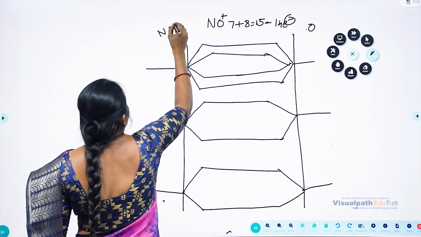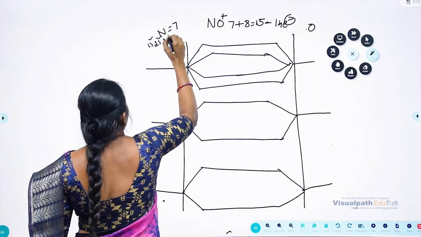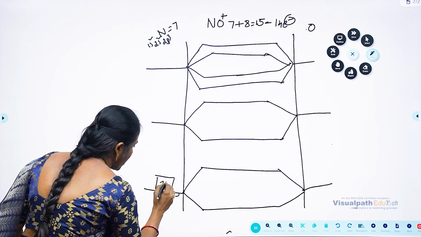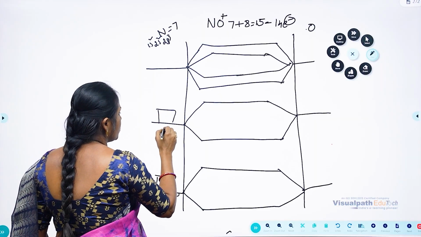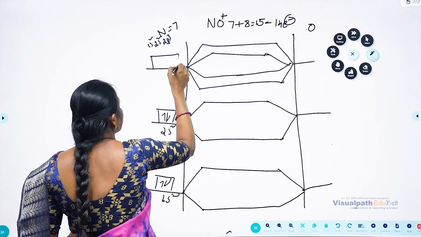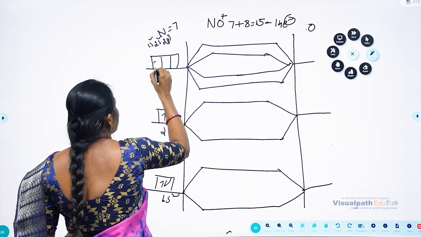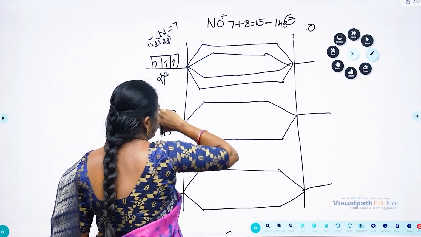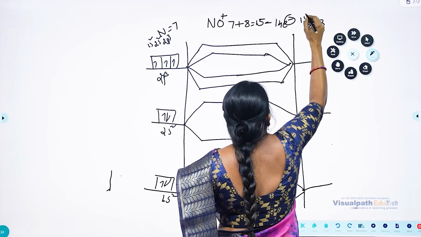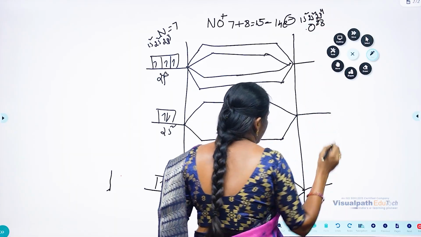Nitrogen is with 7: 1s2, 2s2, 2p3. It is the 1s2, it is 2s2 and it is 2p3, 1, 2. And here oxygen is with 8 electrons: 1s2, 2s2, 2p4.